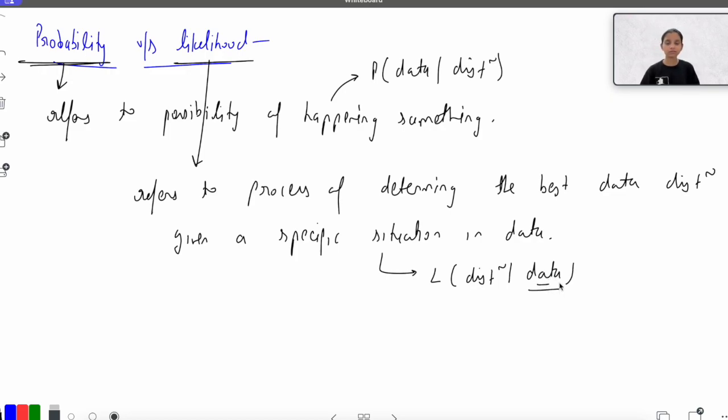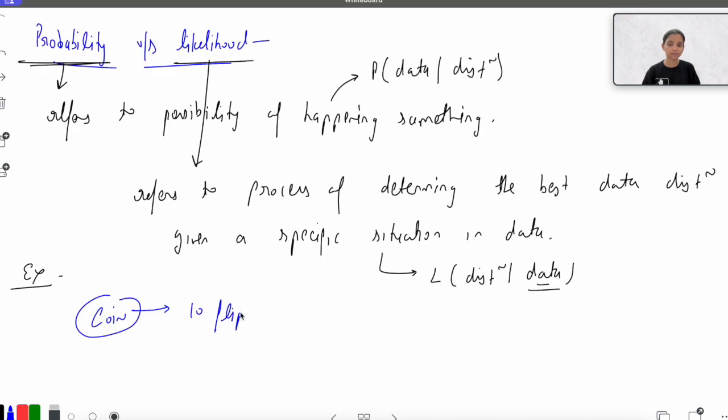Let's see it more clearly with a very simple example. I also discussed this in the very beginning: nothing is easier than the coin example. Coin example always solves our problem. Let's say you have a coin and you do 10 flips.